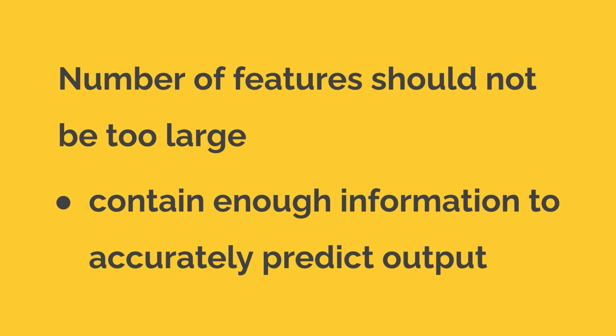And if you have a lot of features, it's quite possible that those could be too many, because really, if you have too many features, it means you could have a lot of noise in your data and the features are irrelevant. So you have to contain enough information to accurately make a prediction, make a result, but don't go overboard with having a lot of features just because you think more features will help. That's not actually the case.